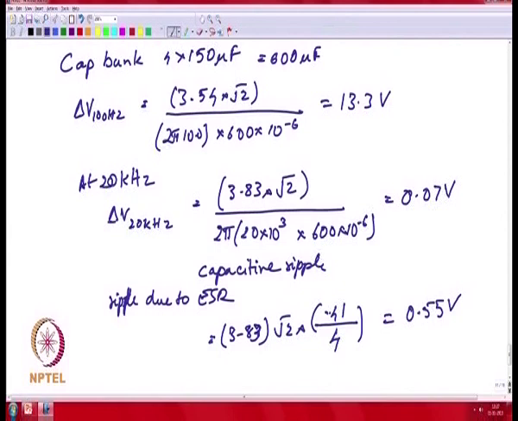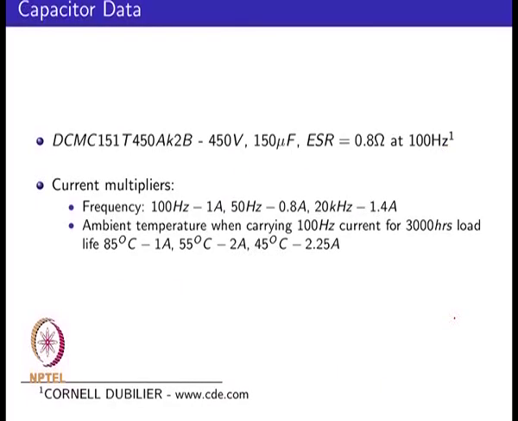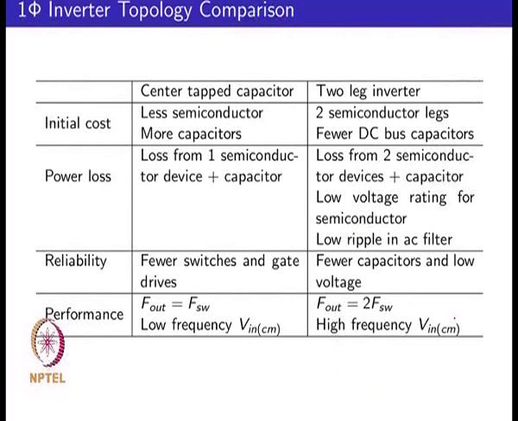So, we could look at then a comparison of the 2-leg inverter topology with the center tapped capacitor topology. In the center tap capacitor topology, one thing is you need fewer semiconductors because you have only one leg, whereas in the 2-leg case you would have 2 legs.